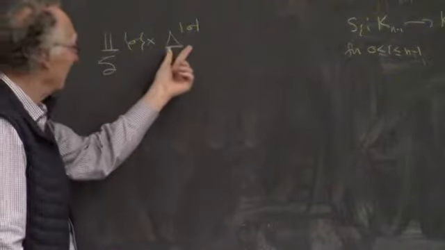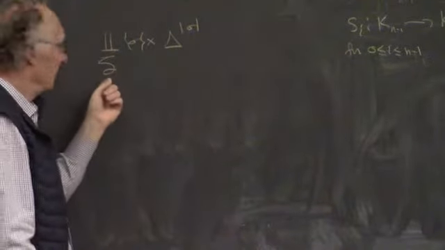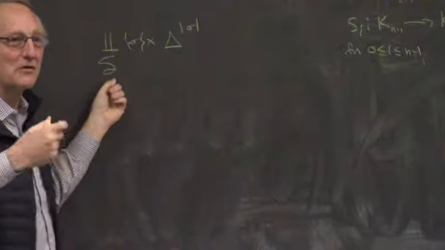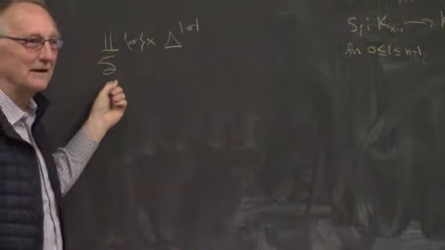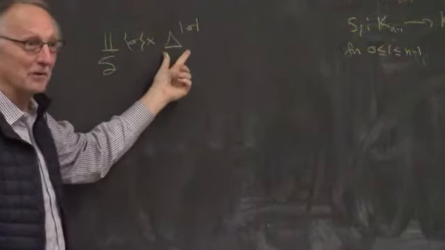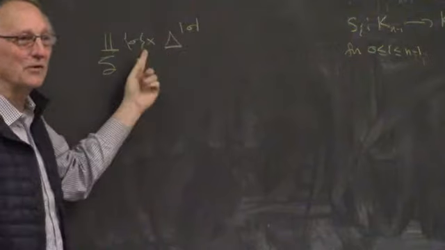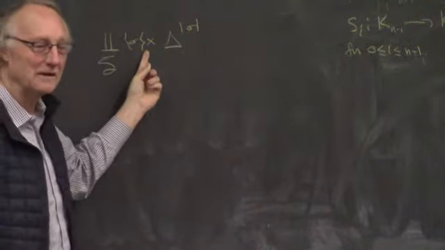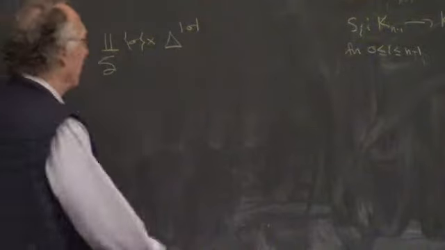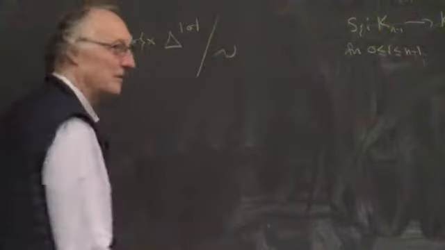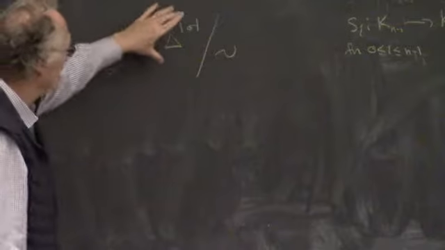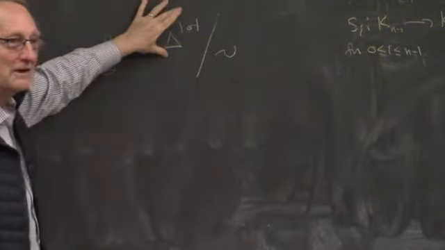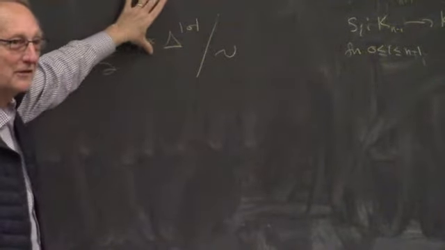For each abstract simplex, I take an honest simplex of dimension equal to the number of vertices of my abstract simplex minus 1. And then I define an equivalence relation. The simplex has a topology, so this disjoint union has a topology.